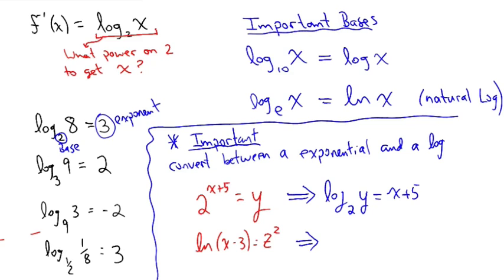You know, this is log base 2, this is log base 3, log base 9, log base a half. When you see ln of x, what's its base? E. So when you see ln of x, you write the base is e.